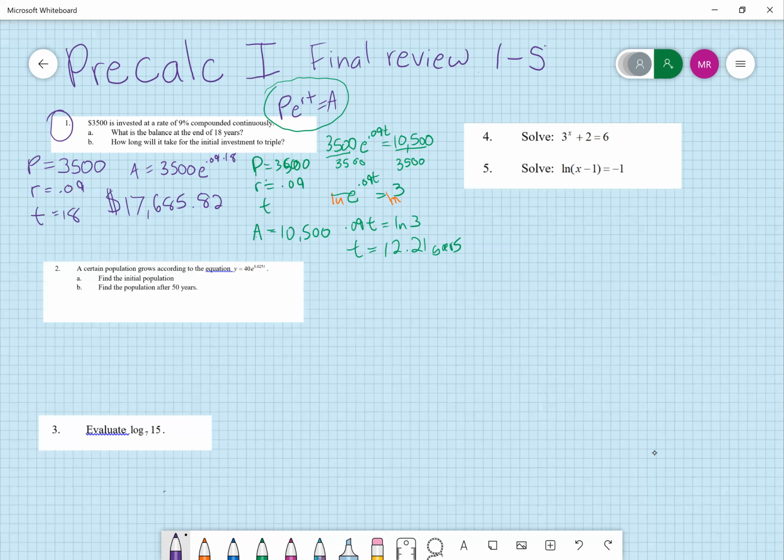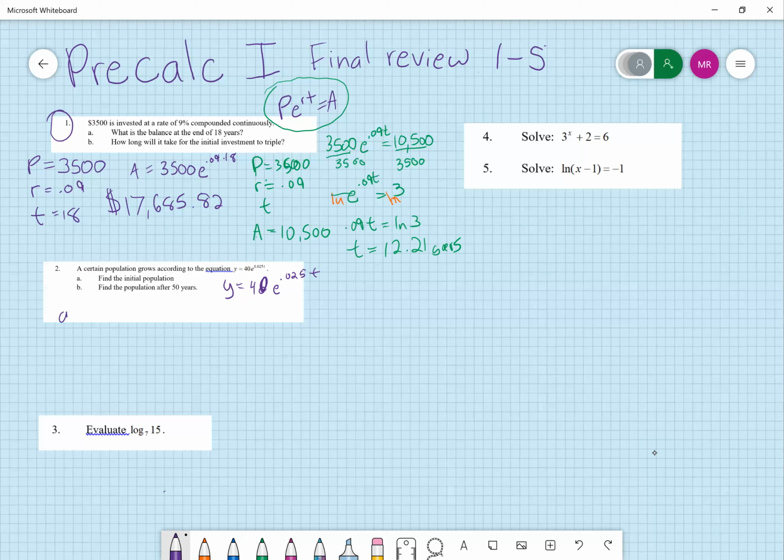Problem number 2 deals with exponential growth as well. We're given the equation that some population, it could be bacteria, whatever, is y equals 40 e to the 0.025 t.